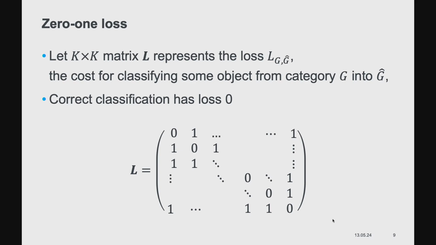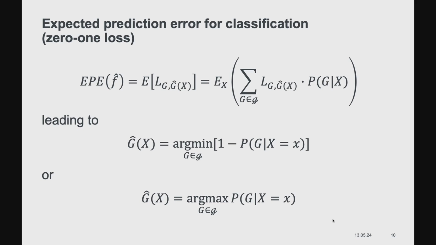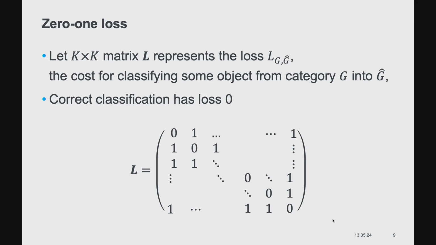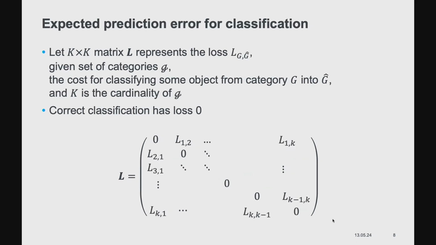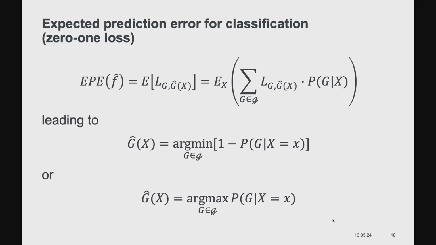Very, very often, all that we do is a 0-1 loss. Either it's 0 loss because an object is in the right class, or it's a 1 loss because it's confused. Now, when I take such a loss matrix, like 0-1 loss or this one here, what is the expected prediction error for a certain function f hat that I learn, a certain classifier?